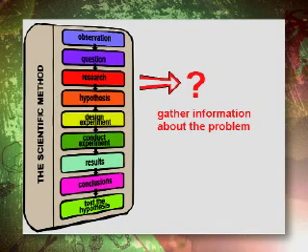Once you have posed your question, the next logical step in the scientific method is research. At this point of the process, you will research anything that may be known about the problem. Stay focused on your question and gather information about the problem that will help you with your experimentation and your understanding of the results.